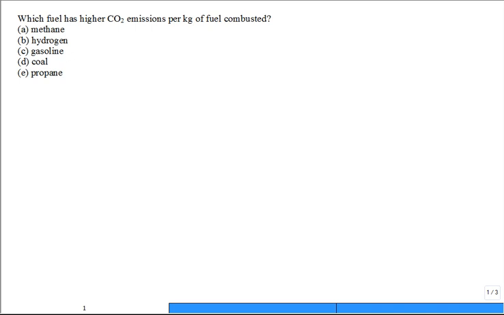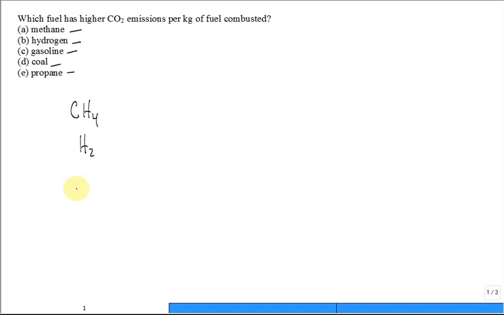Which fuel has a higher CO2 emission per kilogram of fuel combusted? So per kilogram of methane, is that higher CO2 emission, or kilogram of hydrogen, kilogram of gasoline, coal, or propane? Well, you have to know what they all are. So CH4 is methane.